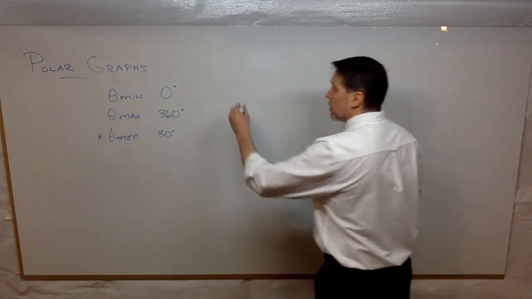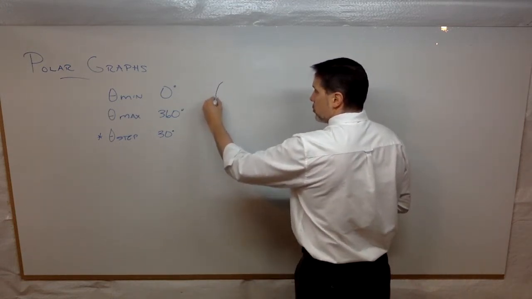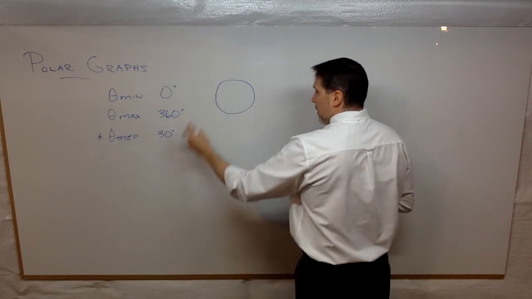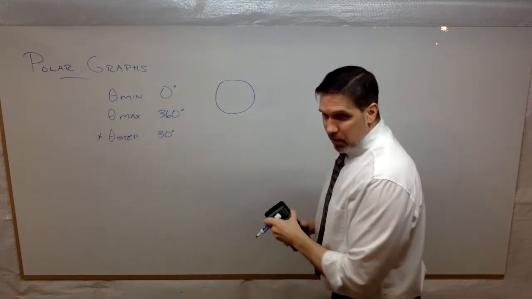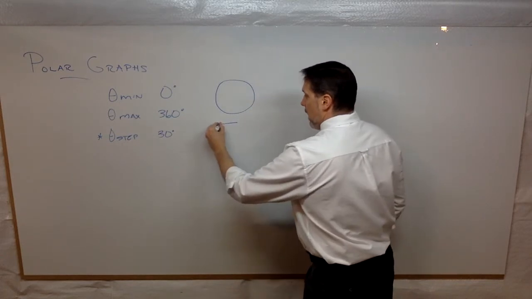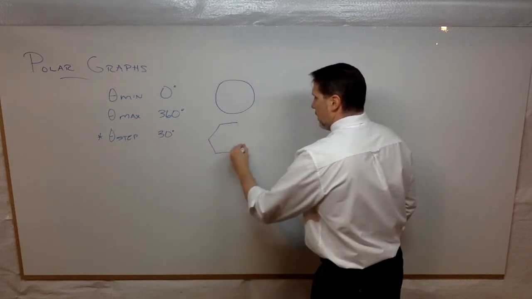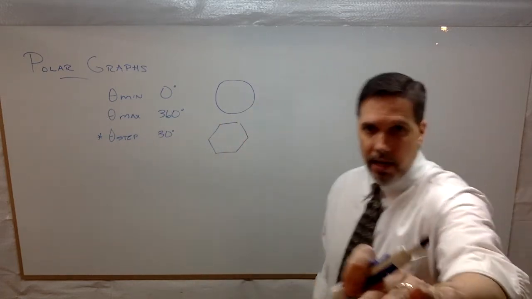The problem is, if your graph is a circle, and you don't do a small enough theta step, your circle could actually look like a hexagon. And don't be fooled.